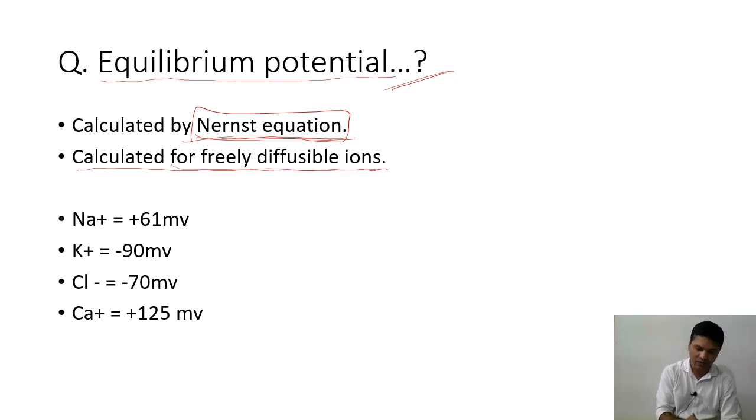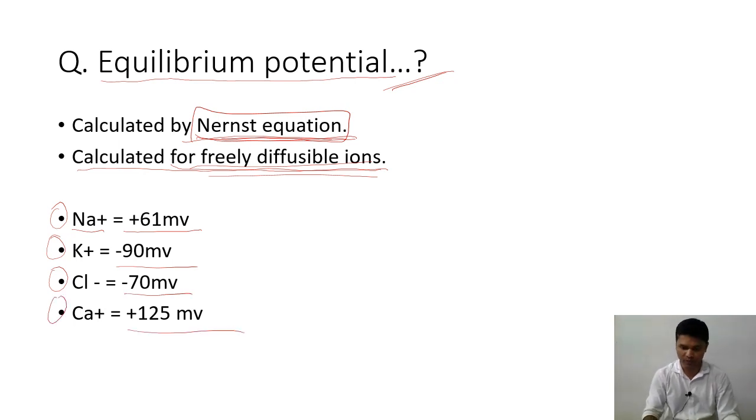Only such ions are considered. The normal equilibrium potentials are sodium plus 61 millivolt, potassium minus 90 millivolt, chloride minus 70 millivolt, and calcium plus 125 millivolt.